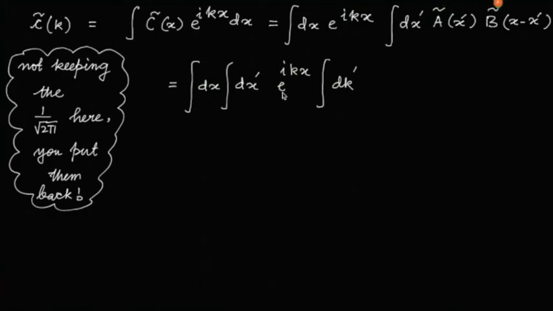So this is A tilde k' e to the power minus i k' x'. I need to keep track of the variables. So this is x', this is also x'. Sorry, this is k' and x'. So I have e to the i k' x'.